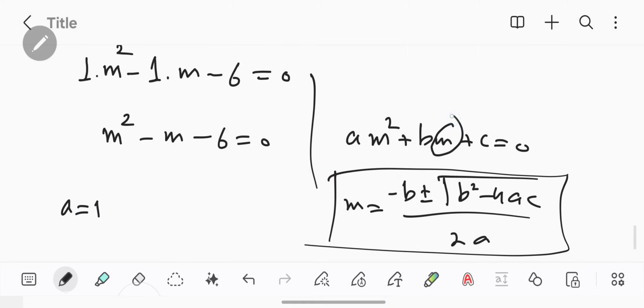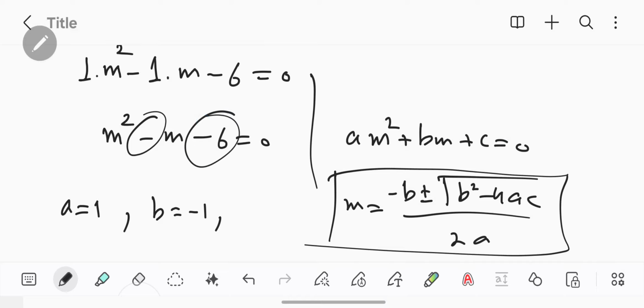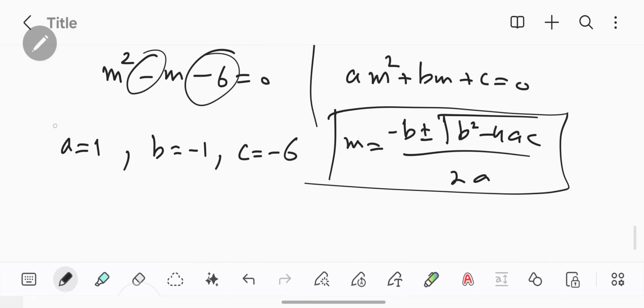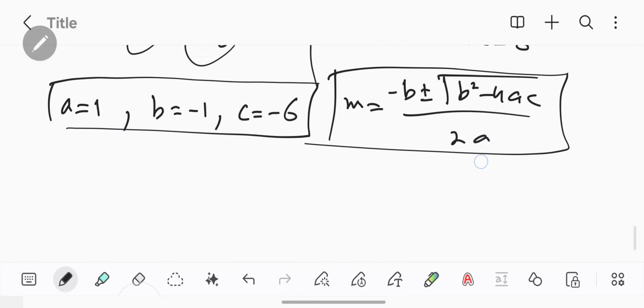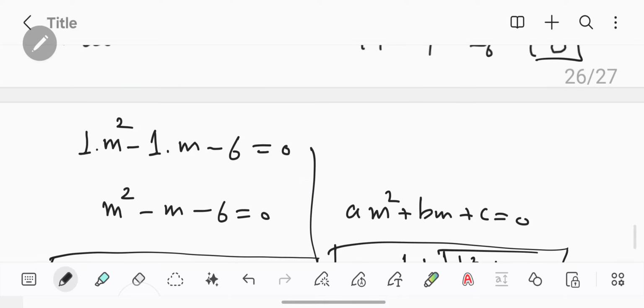Now look at the coefficient of m, which is b, and here the coefficient of m is minus, so b is equal to -1. The constant term is c, and here the constant term is -6, so c is equal to -6. I will use these values in this formula to solve this quadratic equation.